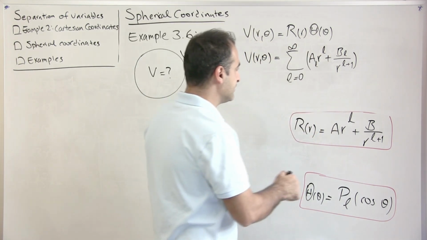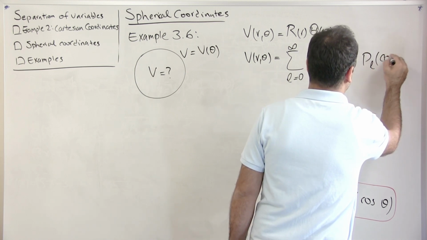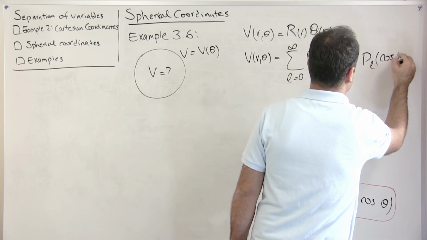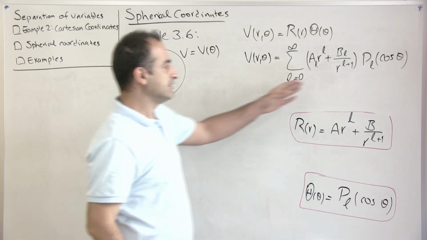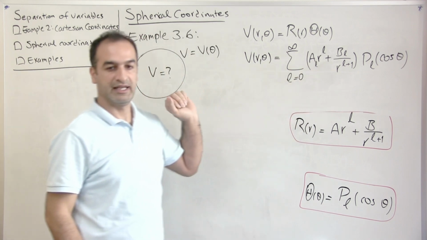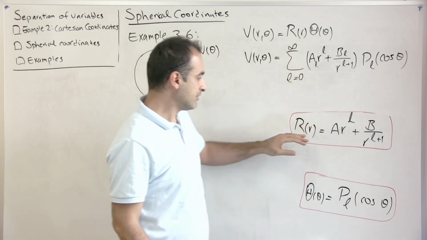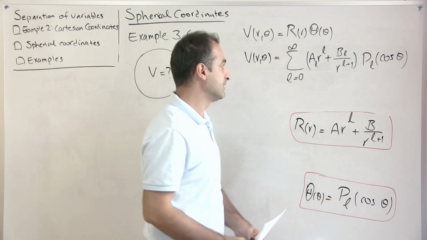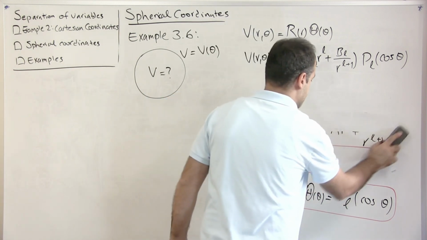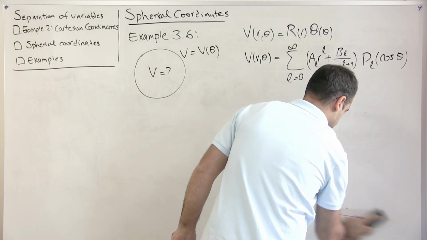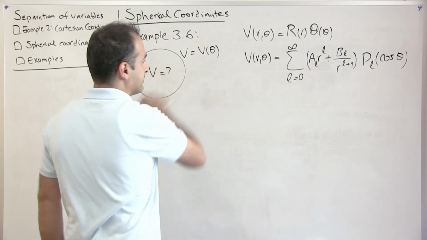And then we have the theta component, which is the Legendre polynomial of order L in the variable of cosine theta. Okay, so this is basically the very general solution that we can have. It includes all the values of L in this form for R and for theta as well. Okay, so with that, I'm going to erase these as well. And this is going to be our starting point to find the potential here.